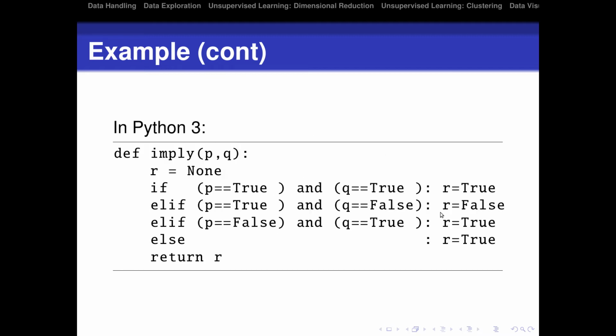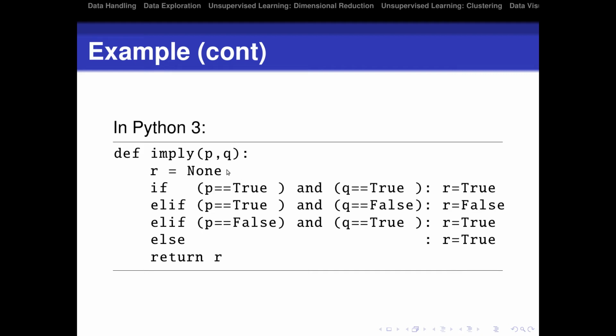In Python, the definition of a function is slightly different. Python uses def for defining a function, a function of name imply, which takes two variables, P and Q. The if-else is more or less the same, except that in Python it's possible to construct else-if with a special keyword, elif.